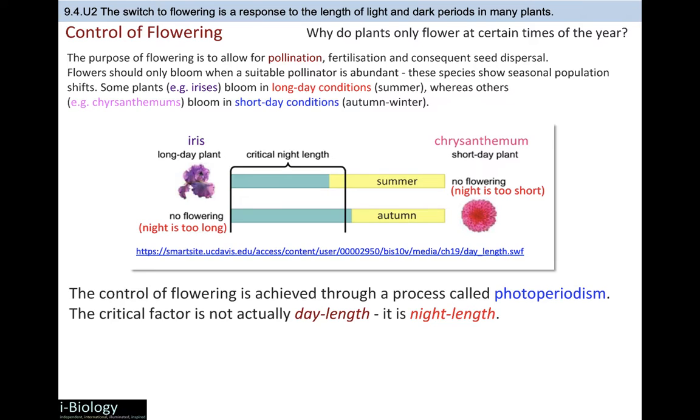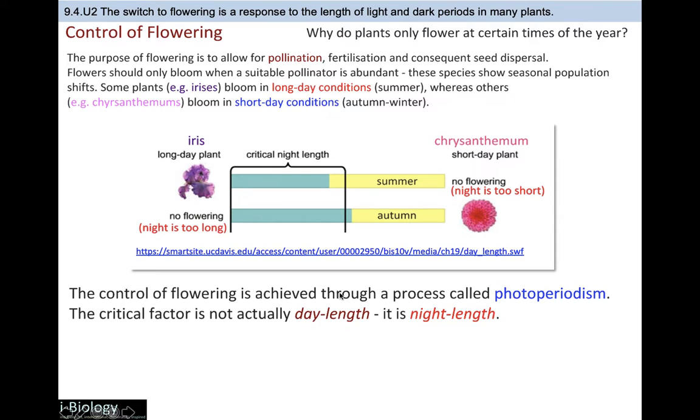Now there are some neutral plants that aren't really affected by the length of the day, but obviously long day plants are going to be plants that bloom more so in the summertime when the days are longer, whereas short day plants are going to be plants that will bloom more in autumn and winter when the days are shorter.